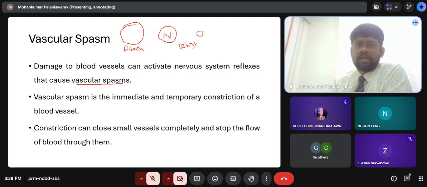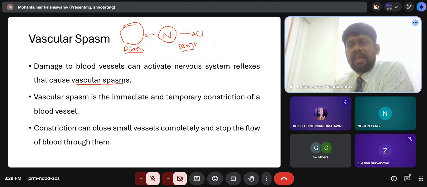If the diameter of the blood vessel is increased, that is called dilatation. If the diameter of the blood vessel is decreased, that is called constriction, vasoconstriction. So vascular spasm is nothing but vasoconstriction.